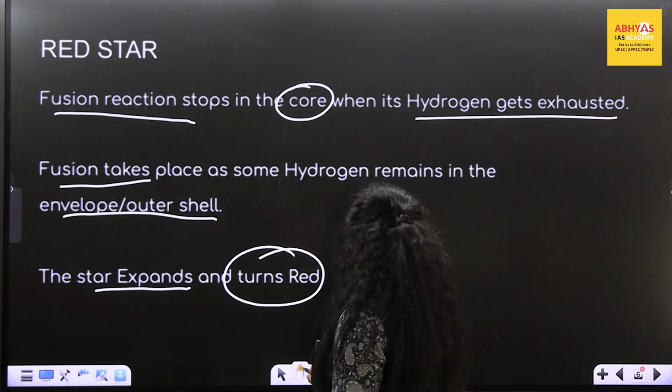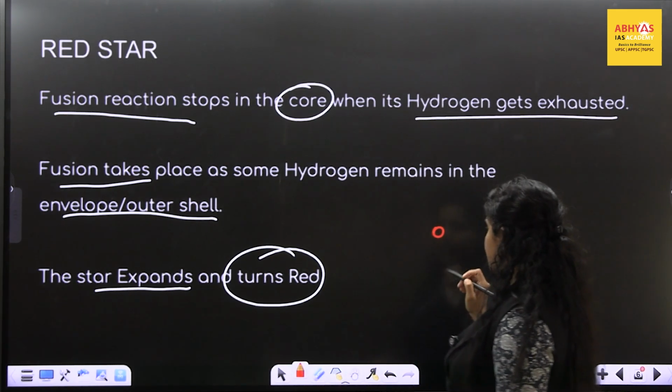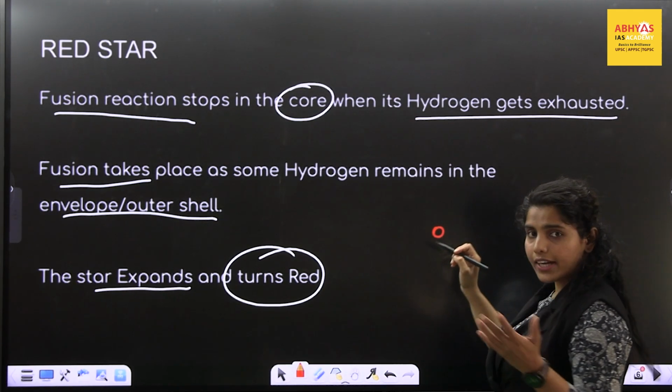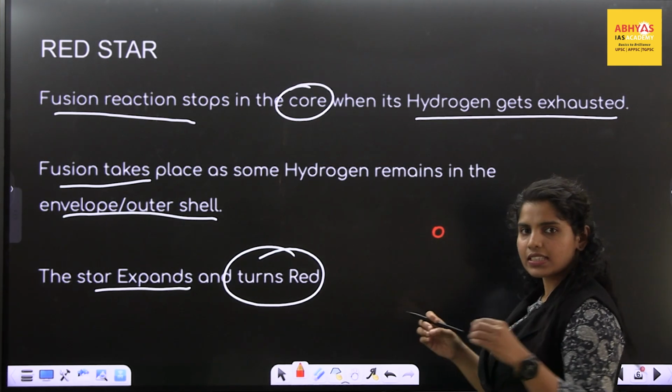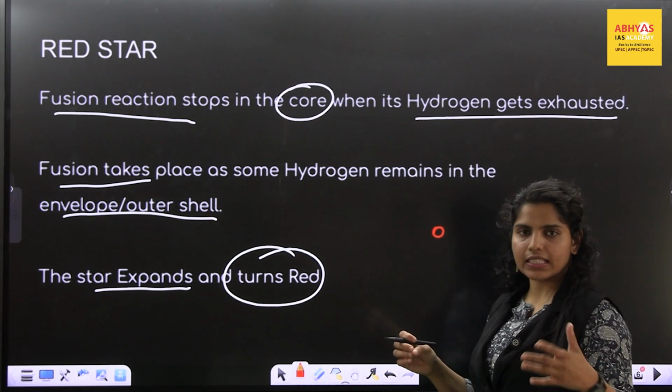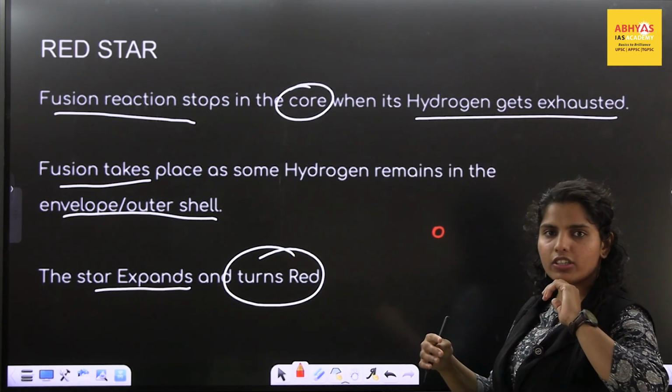This is how the star expands and turns red. Now my point of saying this is, previously the hydrogen collisions used to happen in the core. Okay, and there was emission of matter and also an increase in the temperature. Done. So eventually the temperature increased to 10^7 degrees centigrade.